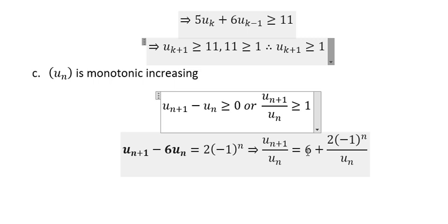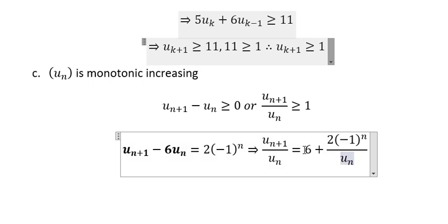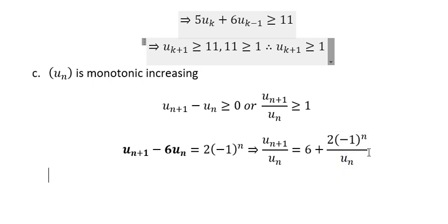Now let's focus on this part. We already have a 6 here. Now for this part, we know that 2 times negative 1 raised to the power n will actually be between 2 and negative 2.